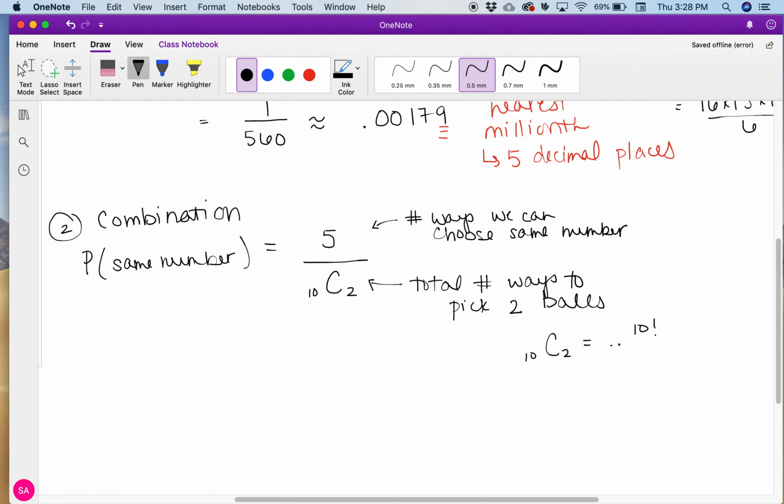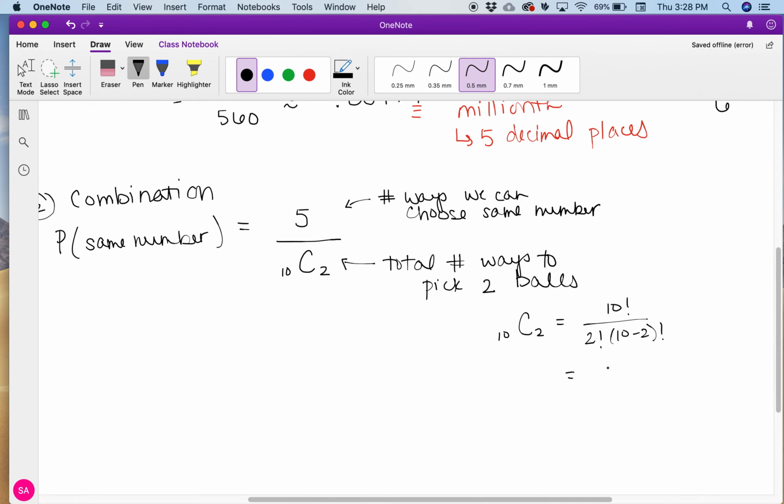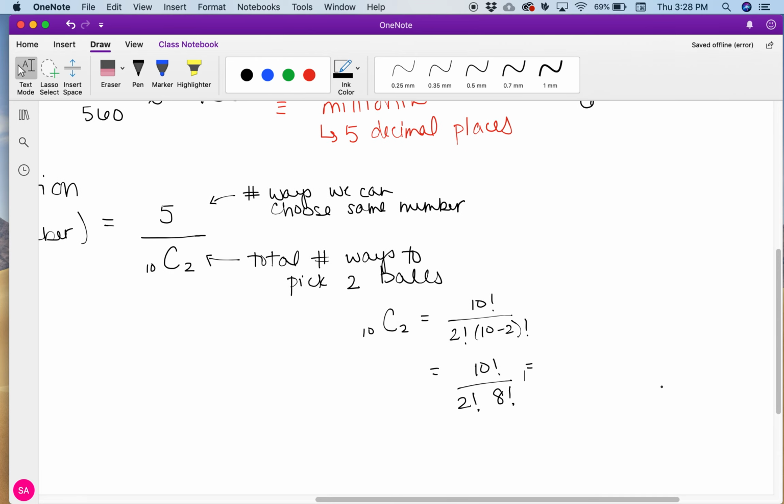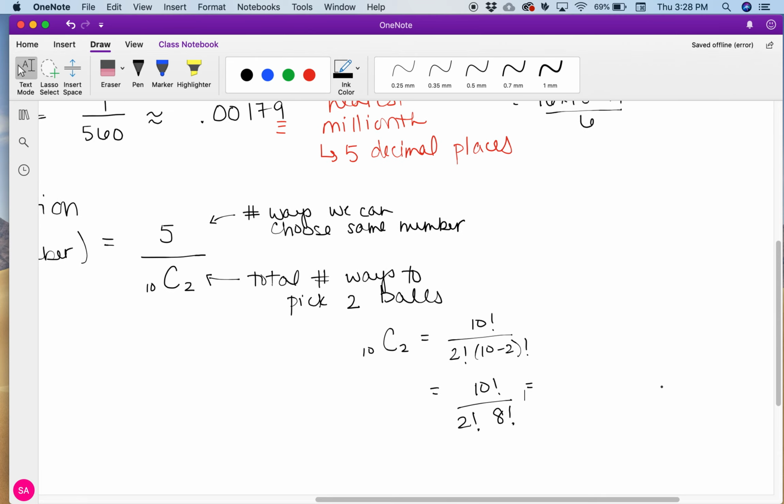So plugging that into the formula, we get 10 factorial over 2 factorial times 10 minus 2 factorial. Let's simplify. We get 10 factorial over 2 factorial times 8 factorial. Now, I'm going to skip a couple steps here.